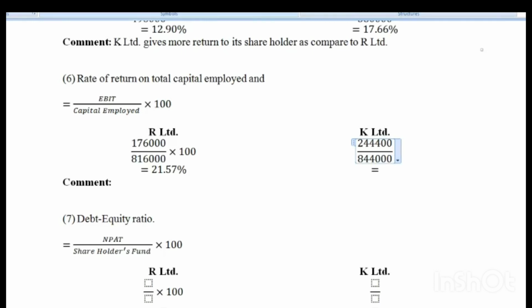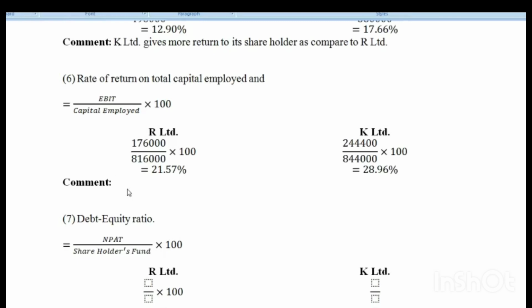Okay, and your answer is 28.96 percentage. So again, who gives more return? K Limited.